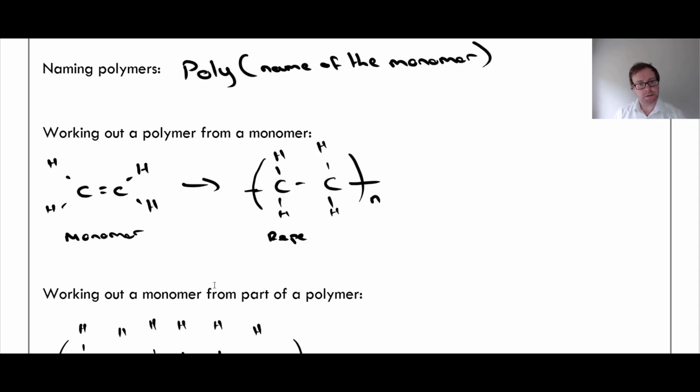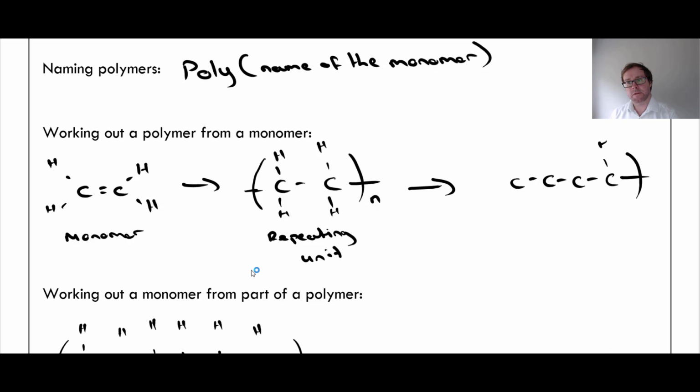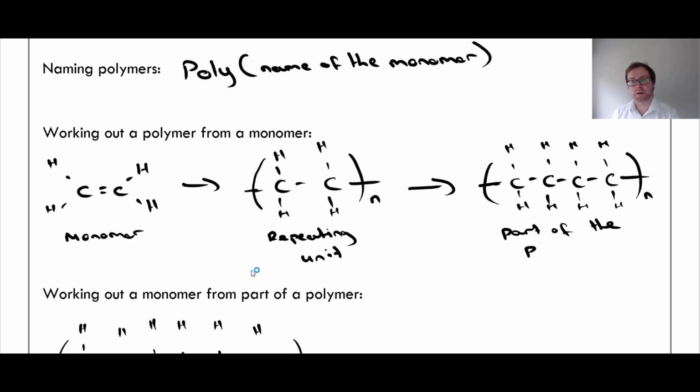This is my repeating unit. And usually you need to show at least 2 repeating units to show part of the polymer. Now you can't show all of the polymer because it's a really long molecule, so it would look like this. And this would be n and part of the polymer.